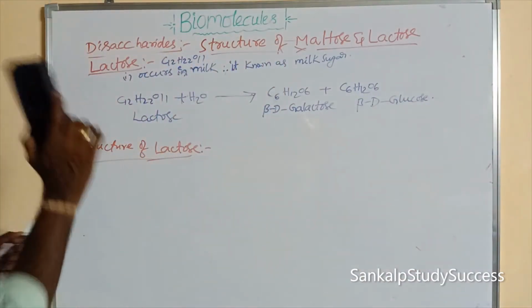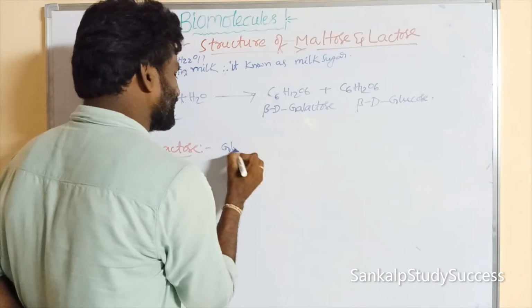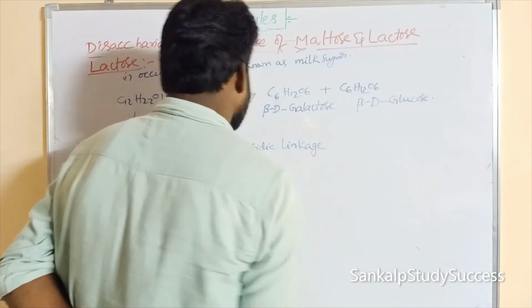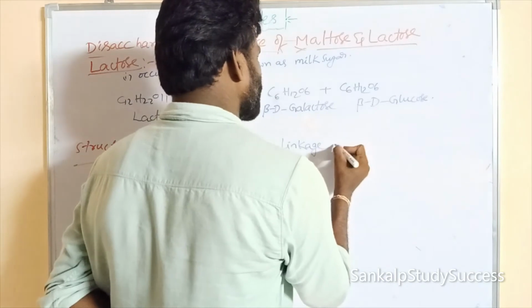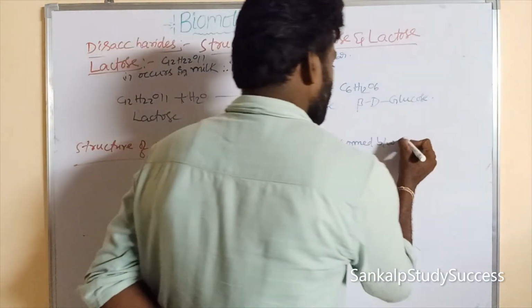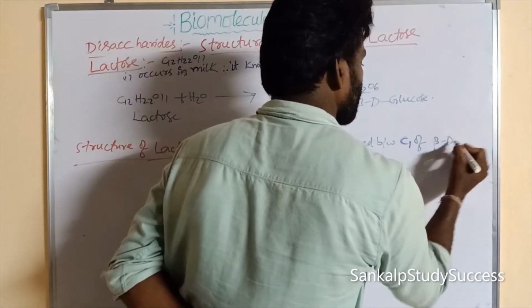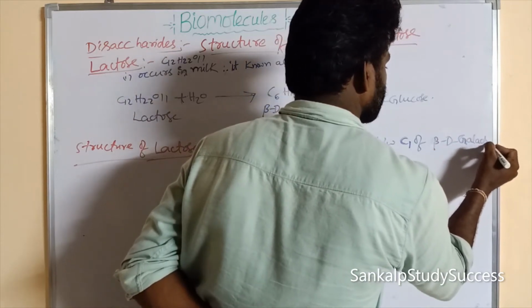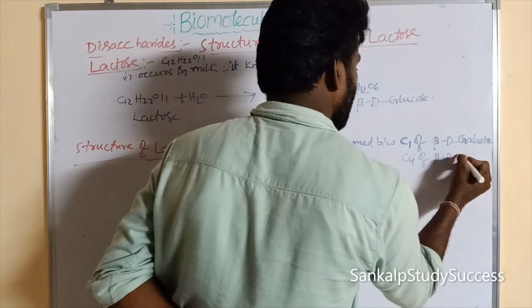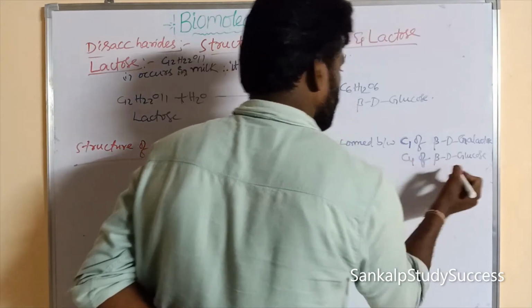Now we can write the structure of lactose. In lactose, the glycosidic linkage is formed between C1 of beta D galactose and C4 of beta D glucose.